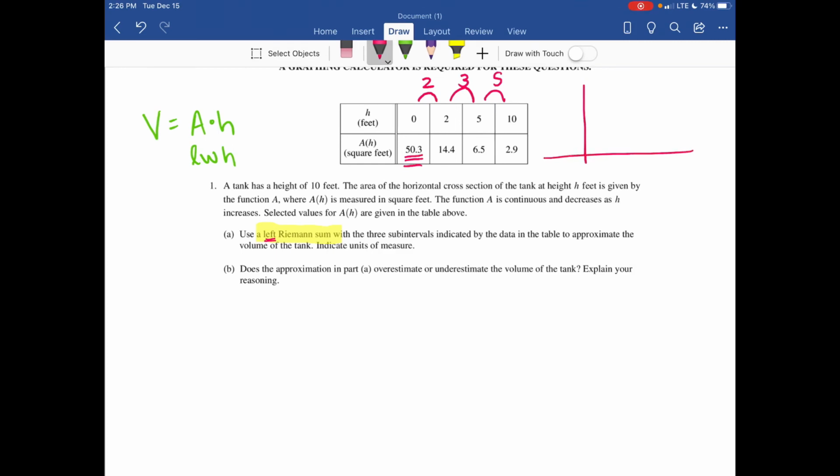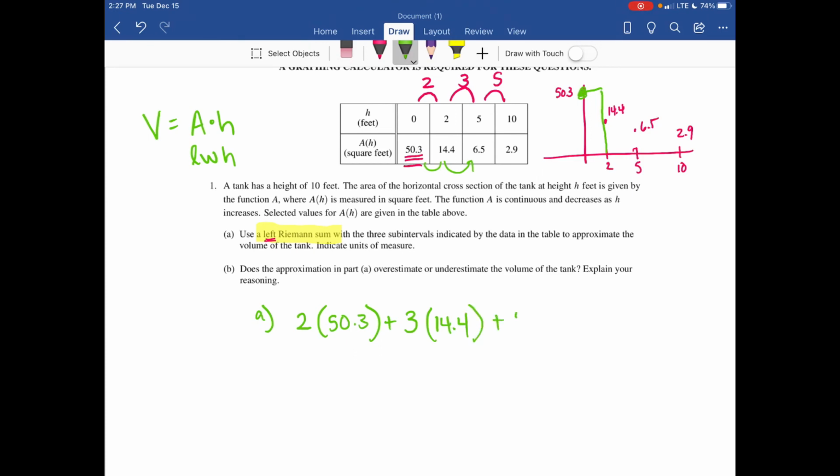If you need, draw a quick sketch. And then you can see that the first height would be the height to the left, 50.3. But then it just keeps going. So let's look. The first rectangle would be base 2 times height 50.3, plus my second rectangle has a base of 3 and a height of 14.4, and the third has a base of 5 and a height of 6.5.